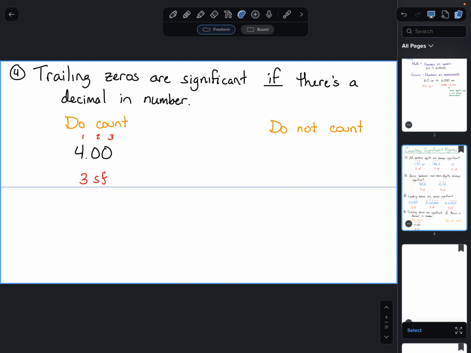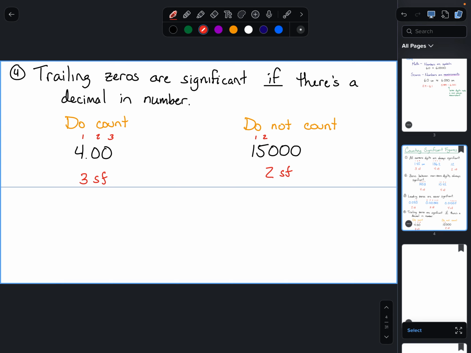So then when wouldn't they count? This is going to be when we're talking about very large numbers. So for example, if I had 15,000, we're looking at those trailing zeros and I'm asking myself, do they count as significant? Well, do we see a decimal point in that number? No, so those trailing zeros don't count. This number here has only 2 sig figs.